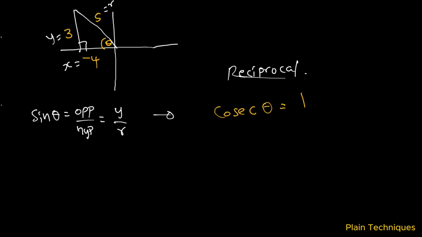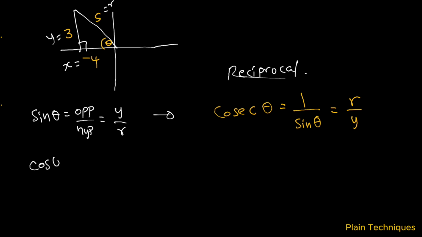And cosec theta is simply 1 over sine theta. Okay? Now, look at this. What is sine? Sine is y over r. Now, cosec will be r over y. You just flip that fraction, right? So cosec will be r over y. Okay?